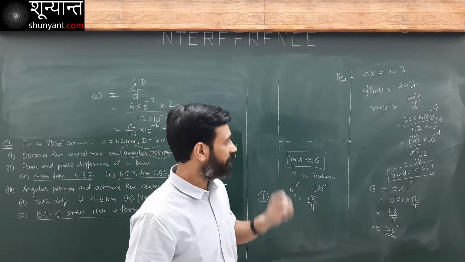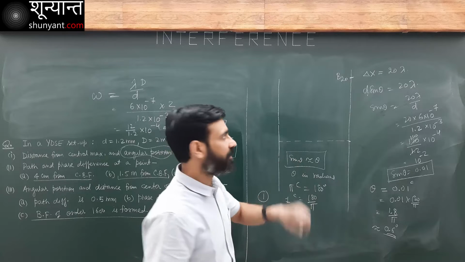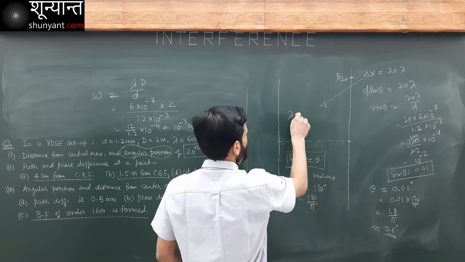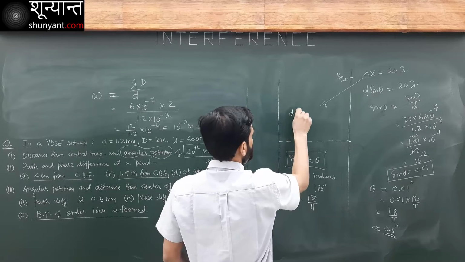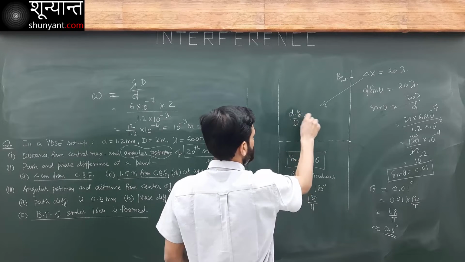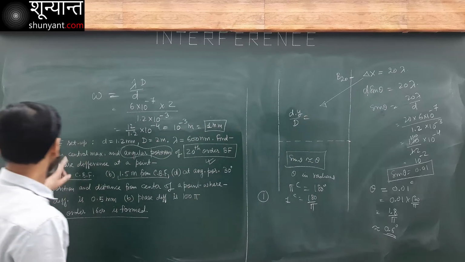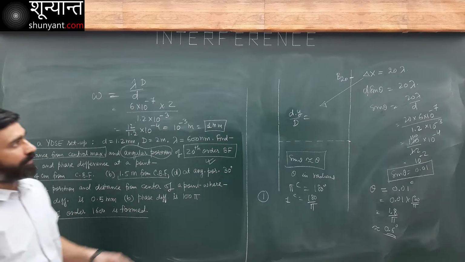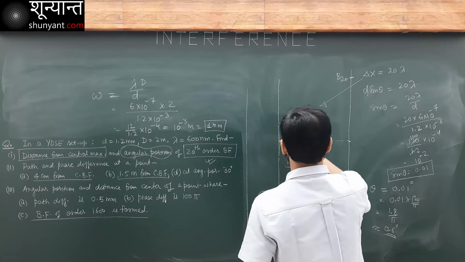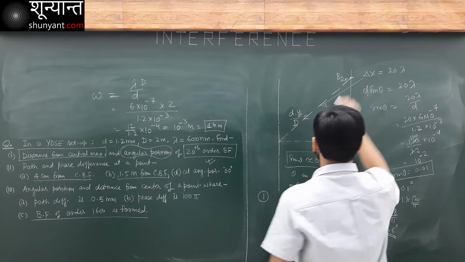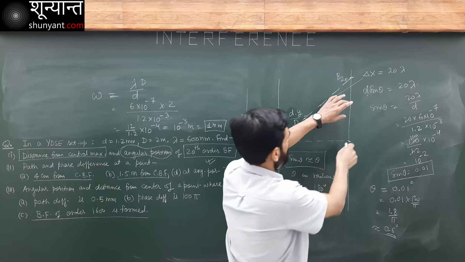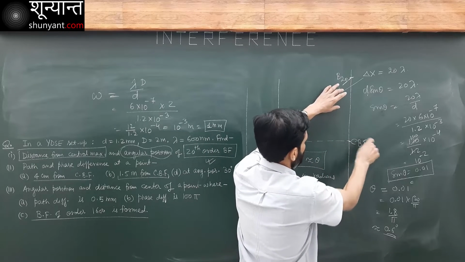Now, if theta is small, I can also write it as lambda dy over d. I have to find this value also. I have to find distance from central maxima also. So I have to find this angular position, plus I have to find this distance also from central maximum.